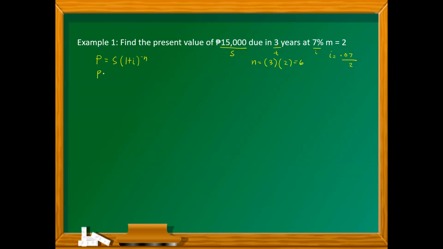So P equals the product of 15,000 and 1 plus 0.07 all over 2 raised to the negative 6. Using your calculator, round off your answer to the nearest hundredths. This gives you 12,202.51.